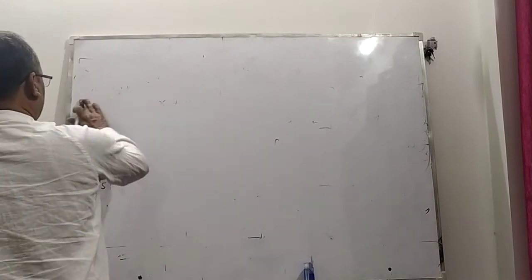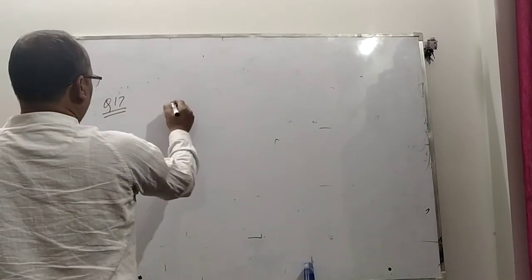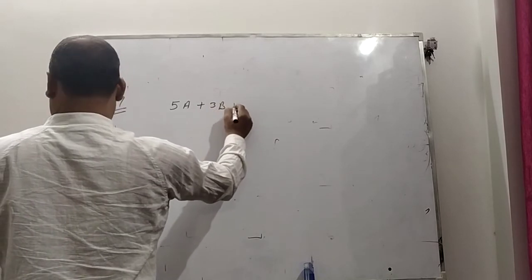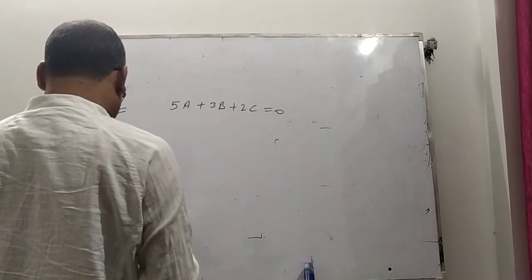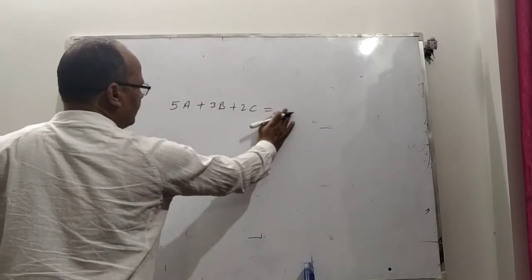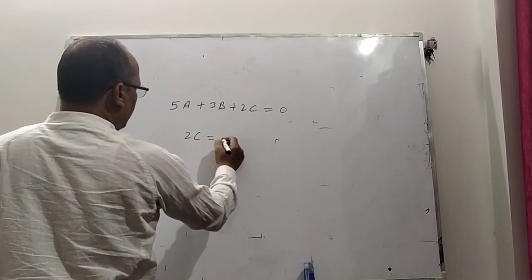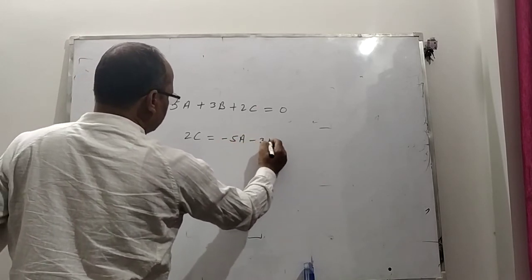But question 17, last question. Question 17, you will see 5A plus 3B plus 2C equal to 0. You will find A is given, B is given. Now I will find the matrix C. Null matrix is given, so it will become 0. So 2C equal to minus 5A minus 3B.